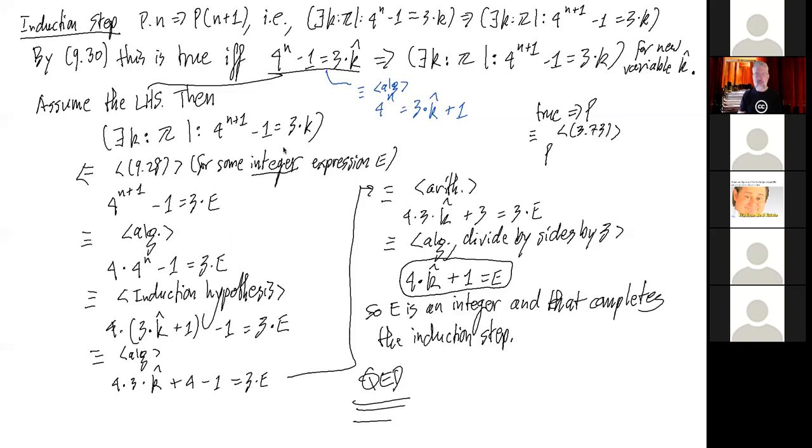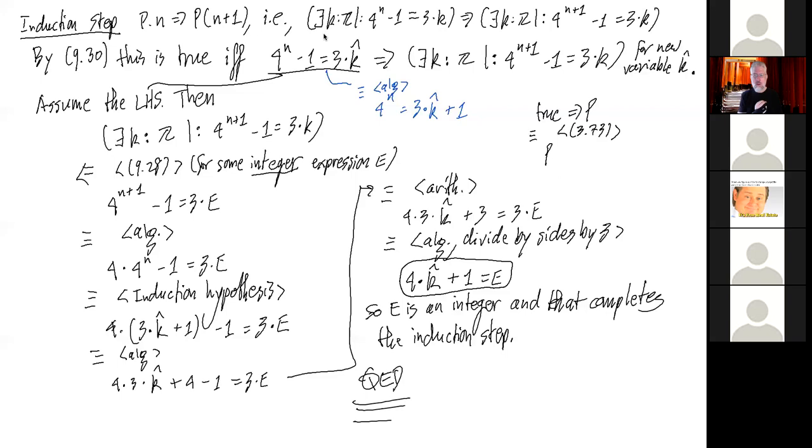So the divisibility problems and the coin problems have exists in them, so they'll have this form. But the other problems, like the summation problems, don't have any of this exists stuff, so they won't have this form at all. Did that answer the question?